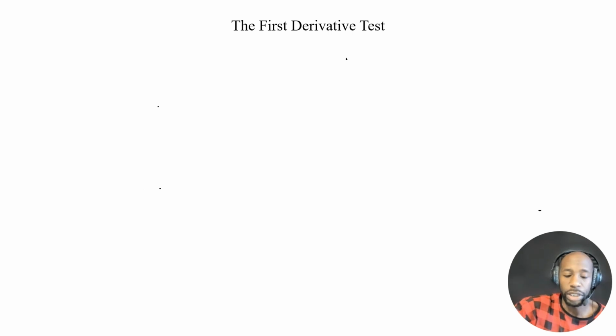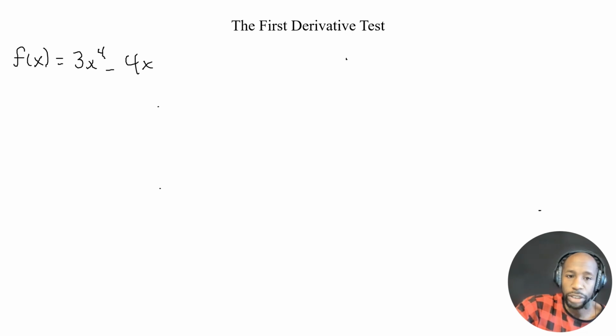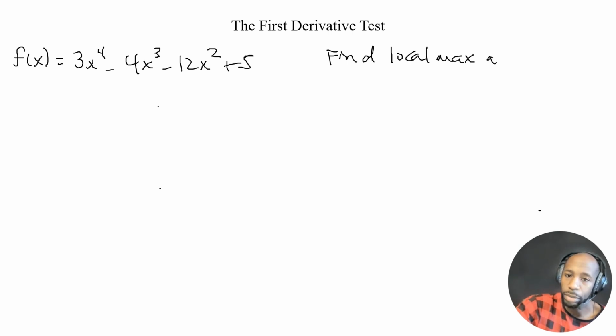This example is one that I did in the previous video. f of x equals 3x to the fourth power minus 4x cubed minus 12x squared plus 5. And we want to find local maximums and minimums.